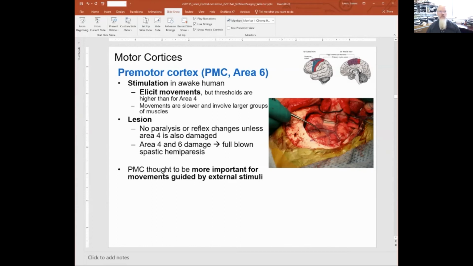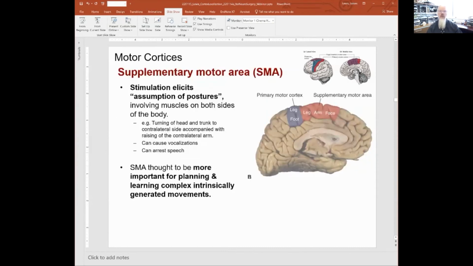And in general, the premotor cortex is thought to be important for movements guided by external stimuli. So if I want to reach out and grab my pen, let's go ahead and initiate that movement. Boom, I go and do that. These areas are required for that initiation.